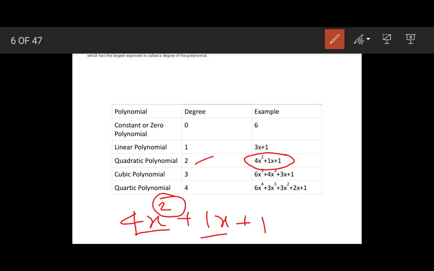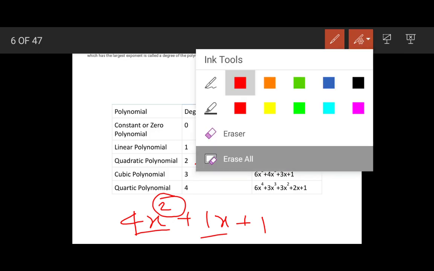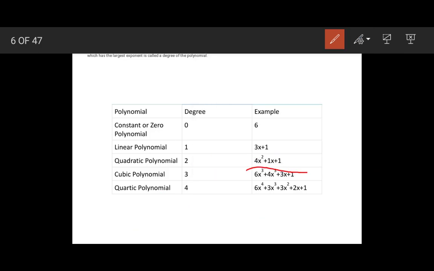In the fourth example, the highest exponent is 3, so the degree is 3. Similarly, in the last expression, the highest exponent of x is 4, so the degree is 4.